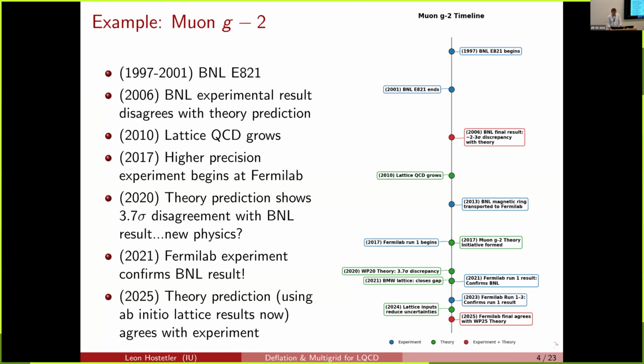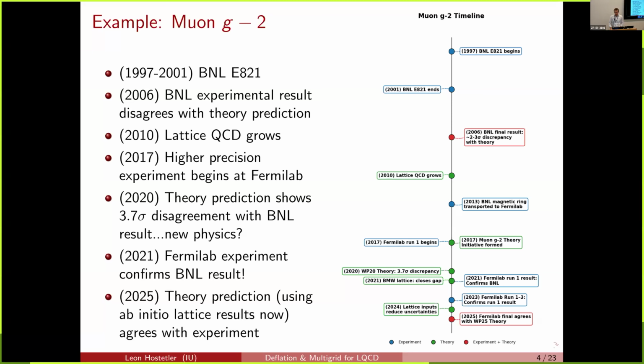So jump forward to 2017, the experiment was restarted at Fermilab, so they were going to rerun this experiment at Fermilab, taking a lot more data to higher precision. And this result ended up confirming the Brookhaven results.